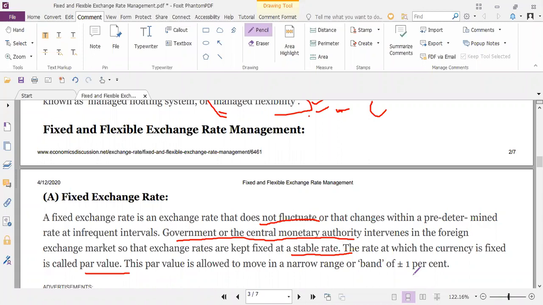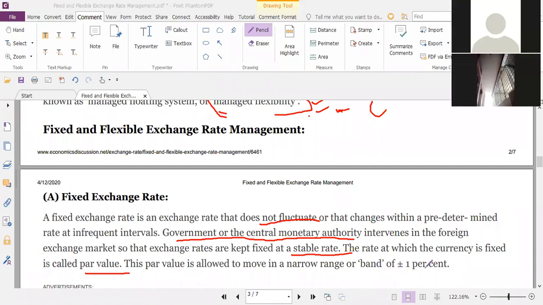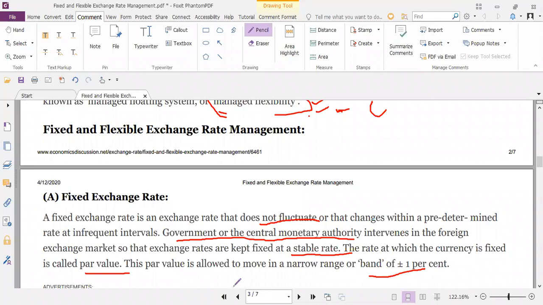This is because there's nothing stable as such. There's nothing fixed in the economy. In economy the numbers keep varying, so that's why always a band is given. Okay, a range is given here.